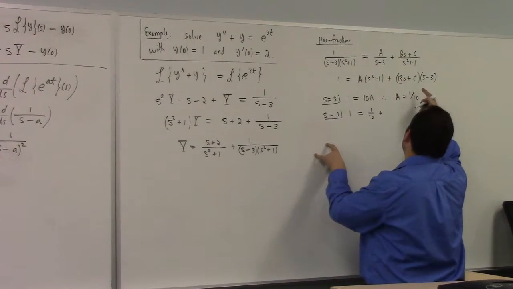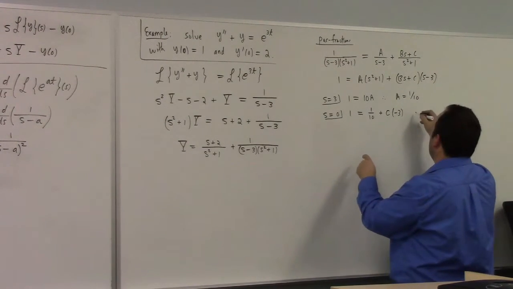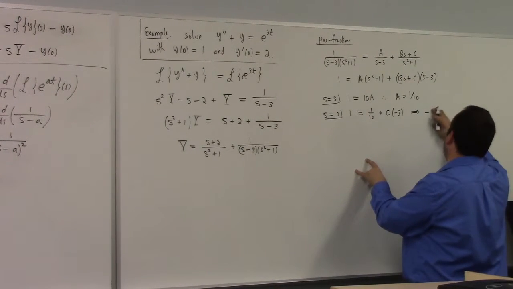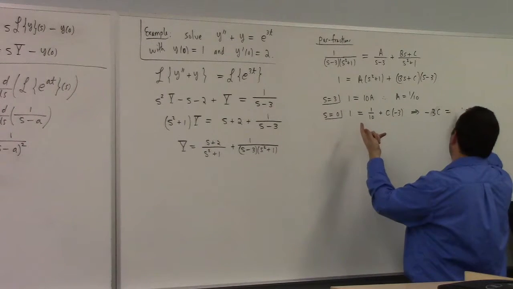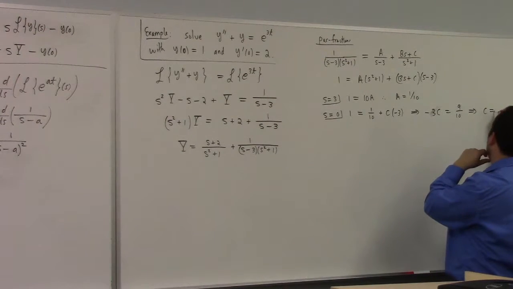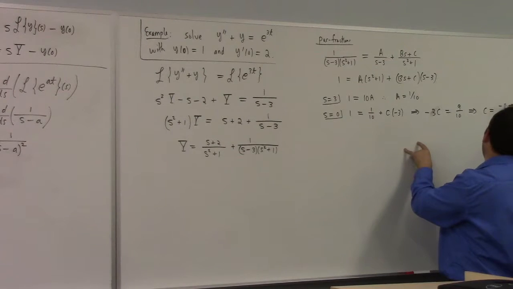Over here I've got c, right? Times minus 3. Hey, I can get c then. So that says c is what? Minus 3 times c equals 9/10. So c is equal to what? Minus 3/10, I think.